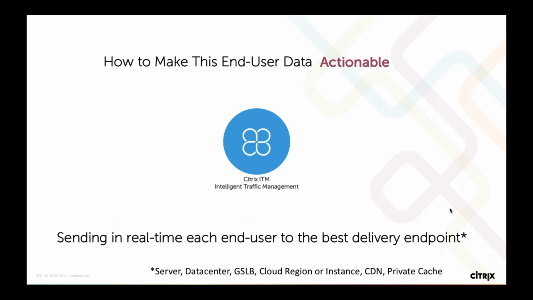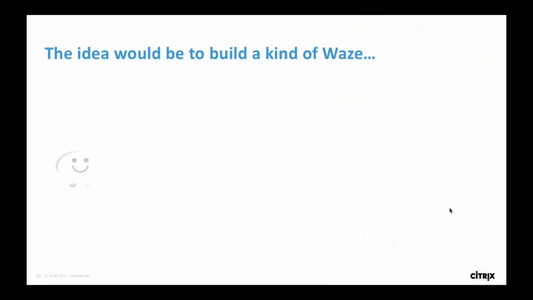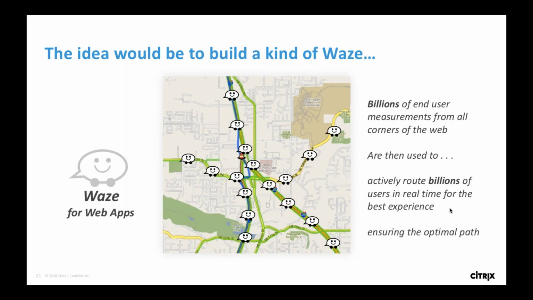So now you get to: okay, we've got this data. How can we use this data in real time and make it actionable, so that we can use it in the traffic management solution and send people to the right place? This is what we developed with what was originally Cedexis, which is now Citrix ITM.